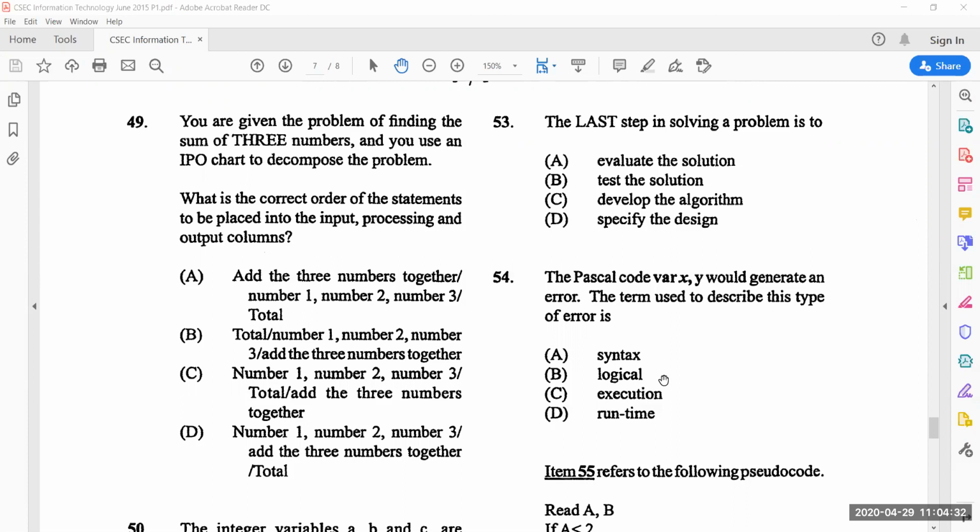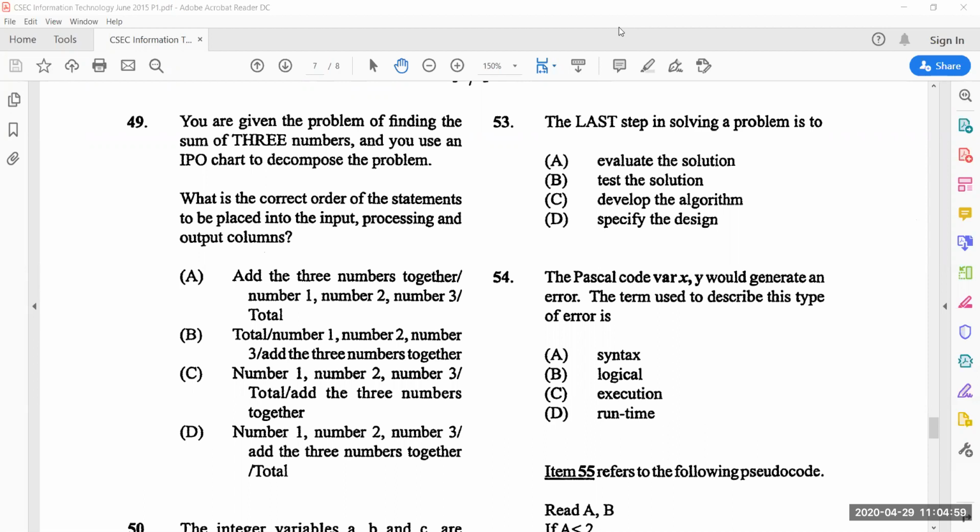You are given the problem of finding the sum of three numbers and you use an IPO chart to decompose the problem. What is the correct order of the statements to be placed into the input, processing and output columns? So for this question, you have to do an IPO chart, right? And the question is to find the sum of 3 numbers.